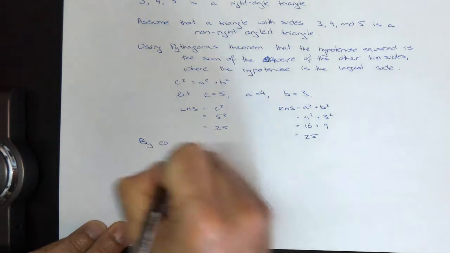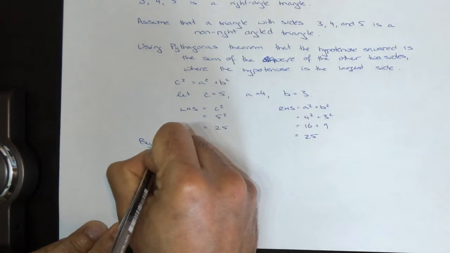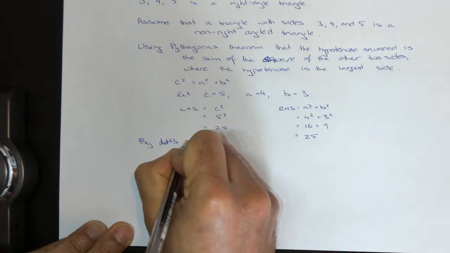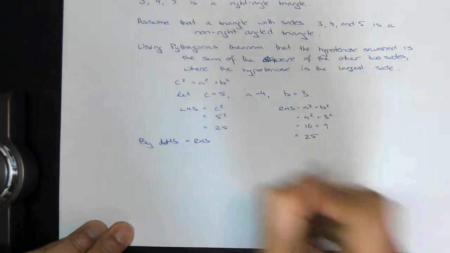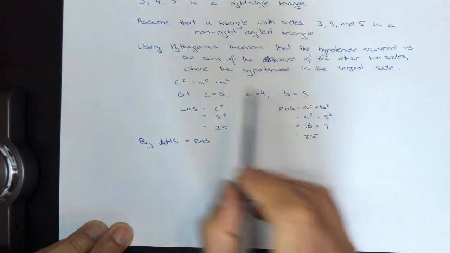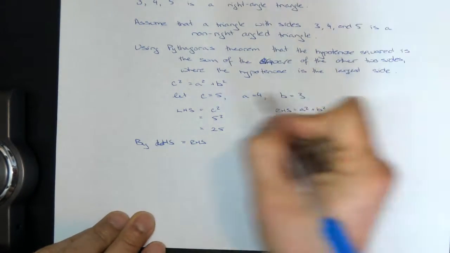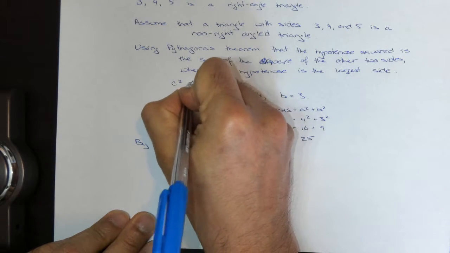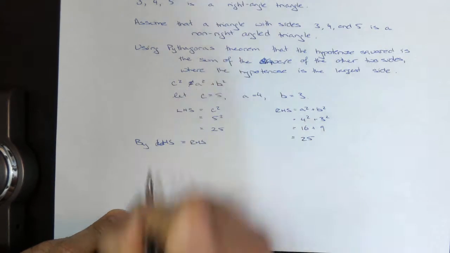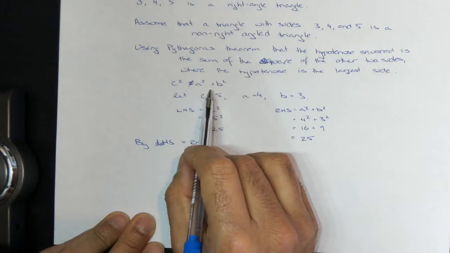So the left-hand side is equal to the right-hand side, where it shouldn't be, since we're assuming that c squared doesn't equal a squared plus b squared.